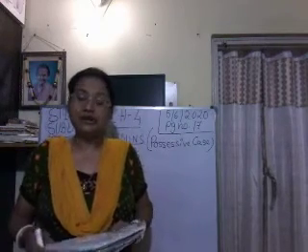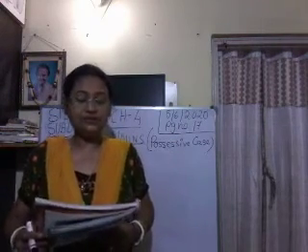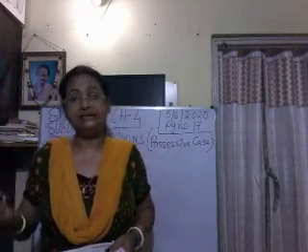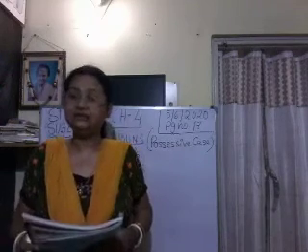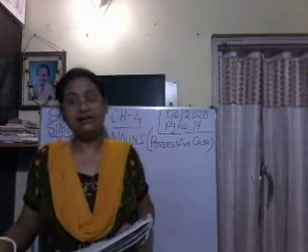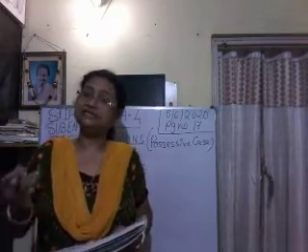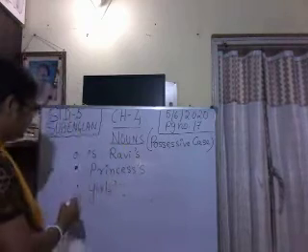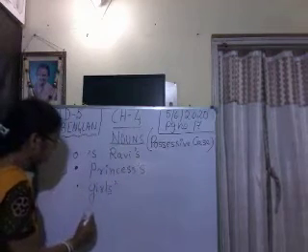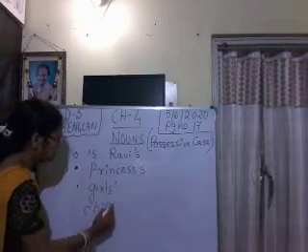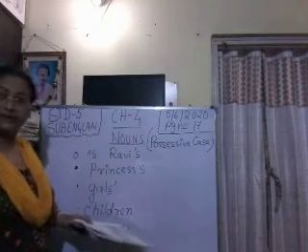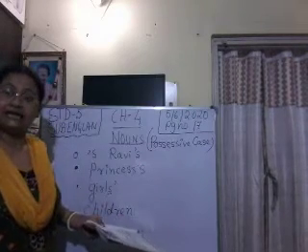Now, there are some plural nouns that do not end with s. Can you give me an example of a plural noun that does not end with s? Suppose children, C-H-I-L-D-R-E-N. This is plural in number but it is not ending with s.